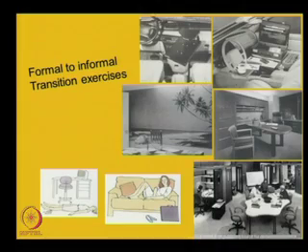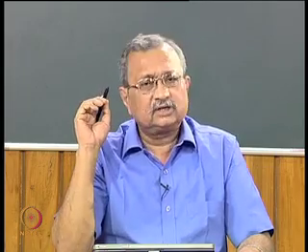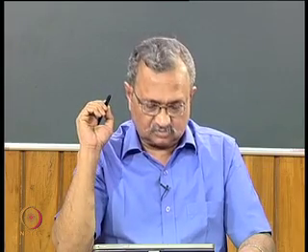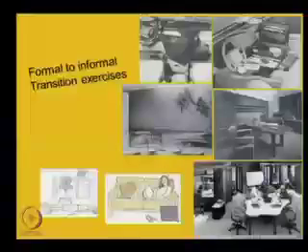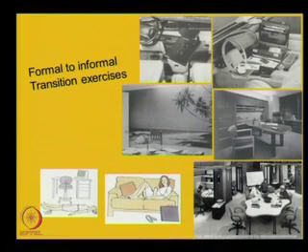there is a move from formal atmosphere towards creating an informal work environment in an office even. Now, here are some formal to informal transition exercises. These figures have been taken from some published material. Here it says that in a car one person can work within a specific work area.